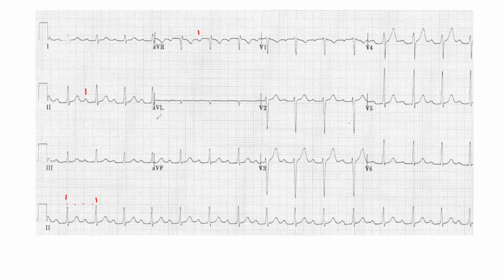And then we should determine the axis. For this, we can look at lead 1 and AVF and see whether they're both positive or both negative. For lead 1, it looks to be positive. For lead AVF, it also looks to be positive, so it's a normal axis.